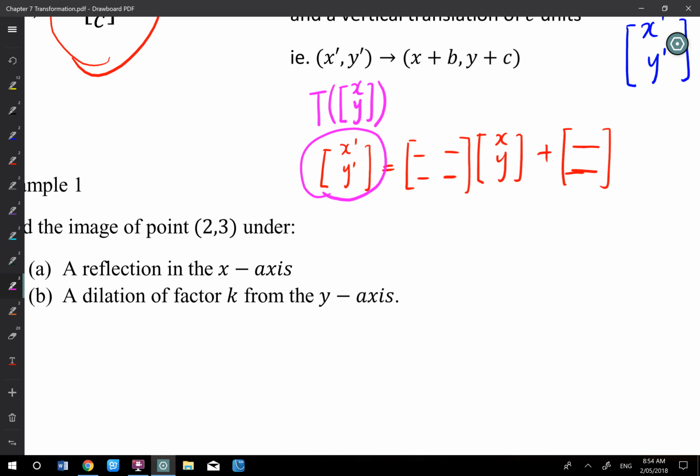It's the original xy put into the transformation, and you get x dash y dash. So when you see T bracket xy, that's equivalent to x dash and y dash. That's the only formula we use for transformation matrices.